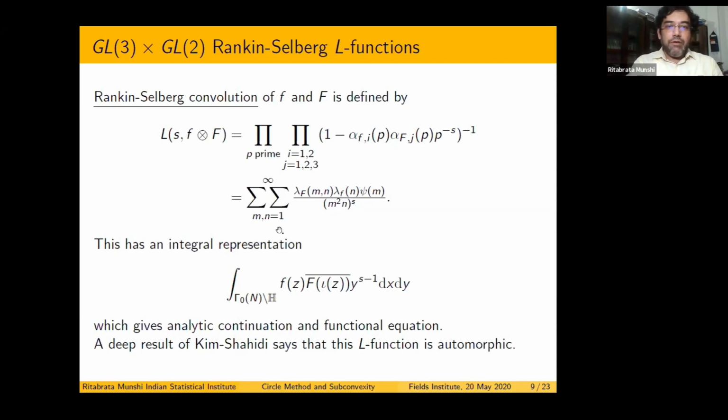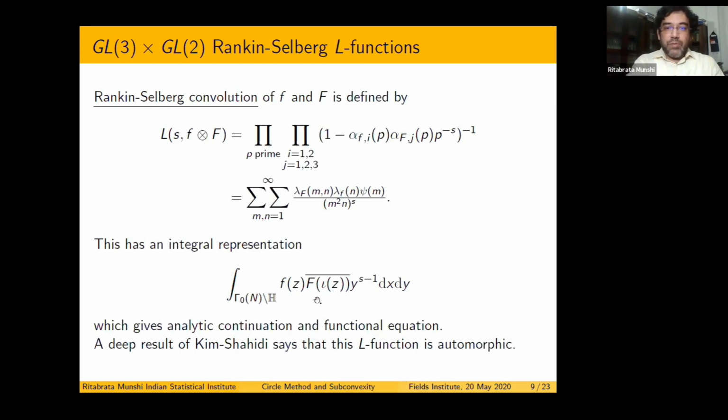Again, we can have an integral representation of this form, which looks like this. You just embed SL2(Z) in the top left corner of SL3, and then multiply by a suitable y to the power s minus 1 and integrate.